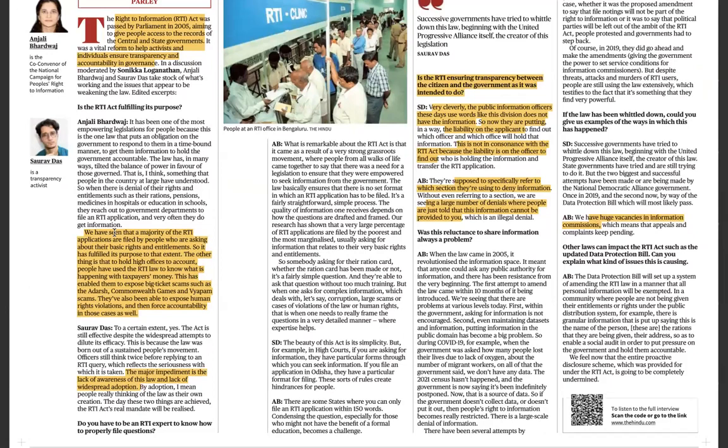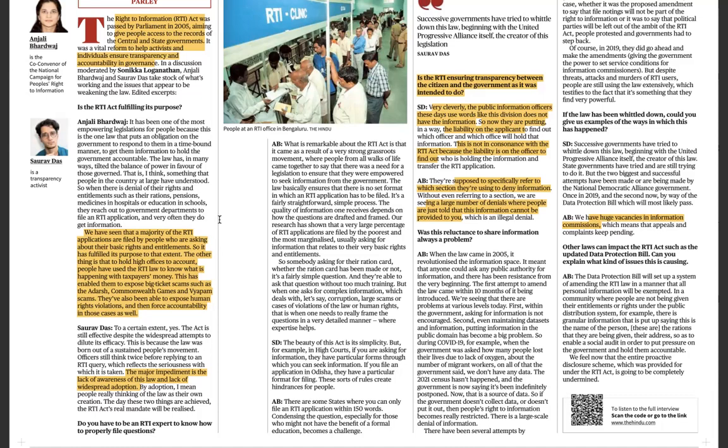So Anjali Bhardwaj says that we have seen that a majority of the RTI applications are filed by people who are asking about their basic rights and entitlements. So this is one of the trends that we are seeing, and it has fulfilled its purpose to that extent.